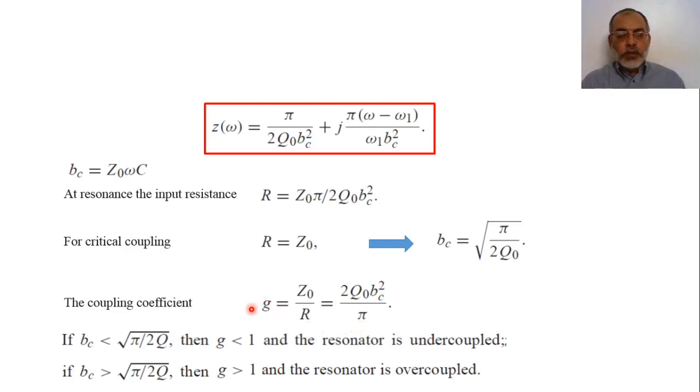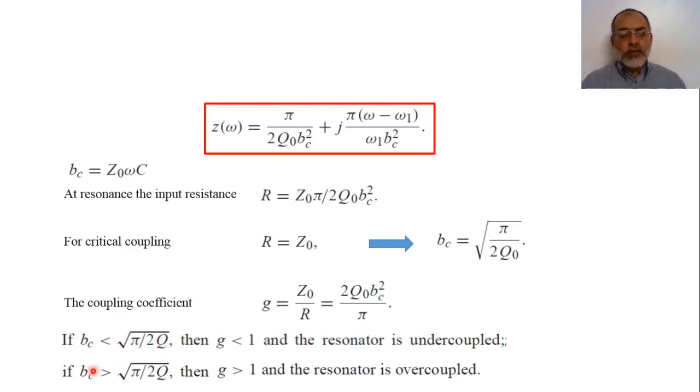If the value of g is less than unity, the resonator is undercoupled, and this condition would be satisfied if the value of 2Q naught BC squared over pi is less than unity, or in other words, if the value of BC is less than the square root of pi over 2Q naught.